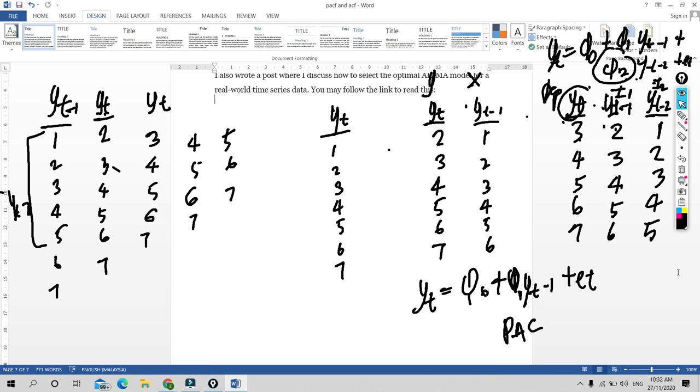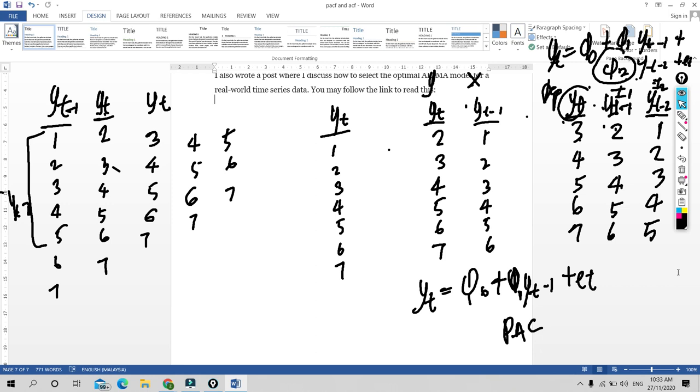Even though you have multiple regression, you just pick up one single variable, depending on what level of regression. If you have 5 levels, you pick up only 5. If you have 3, you run a multiple regression for 3 variables, you pick up only 5.3, and so on and so forth. And that value is referred to as the PACF.